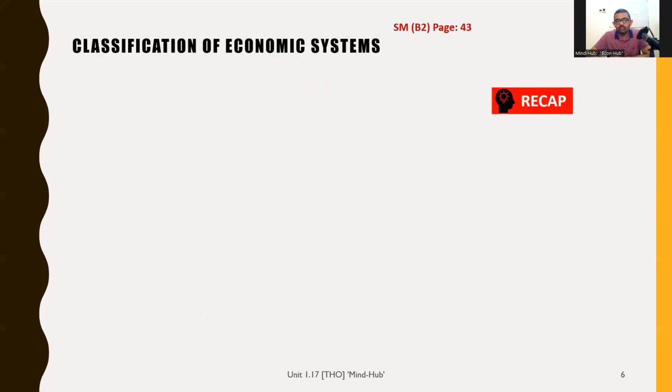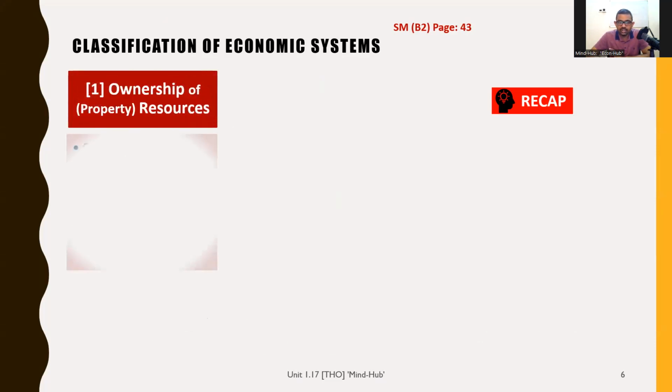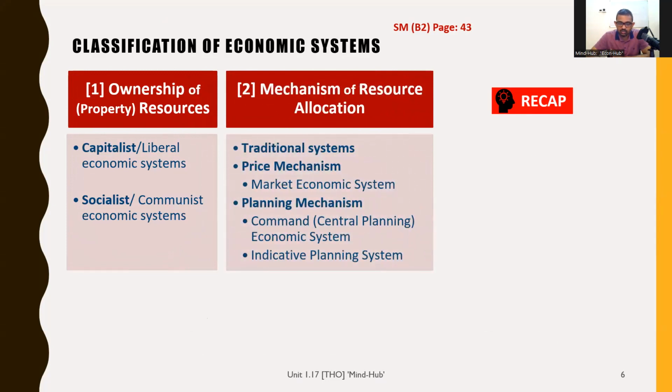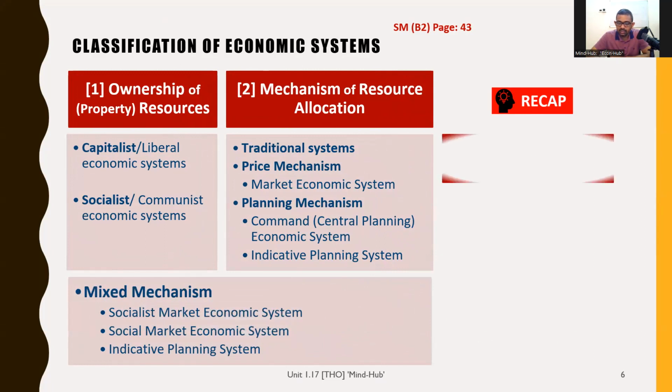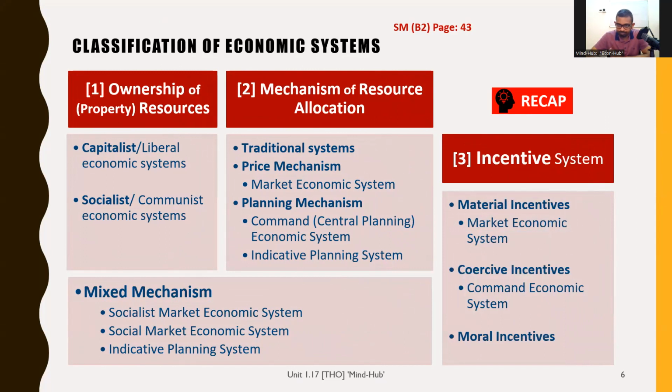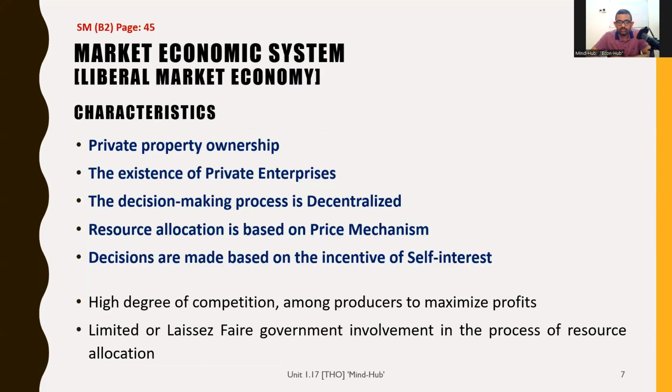Right. Now we have come to classification of economic systems. So under classification of economic systems, we did the 3 main methods of classifying economic systems based on ownership of resources, mechanism of resource allocation, right? And also based on the incentive system or structure. Right. Now, this is where we are starting off today.